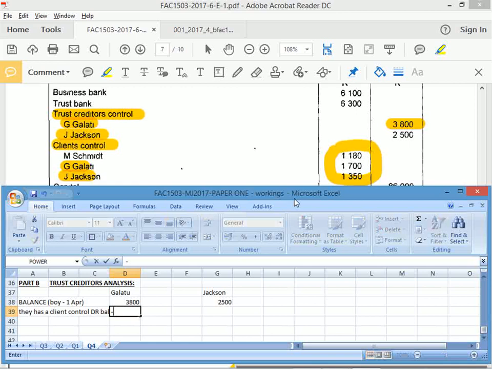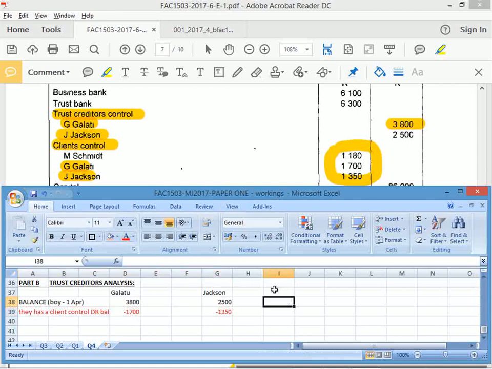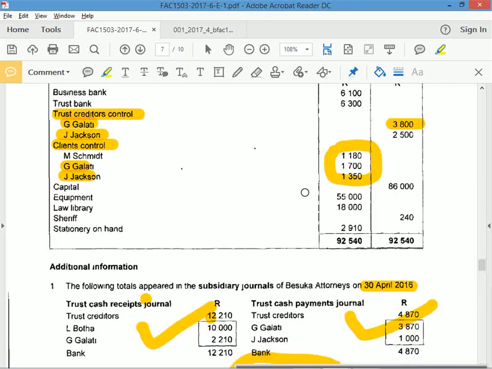So G would have minus 1700 and Jackson would have minus 1350. There's G and there's J. Subtracting those two amounts because they had debit balances on the client control accounts.